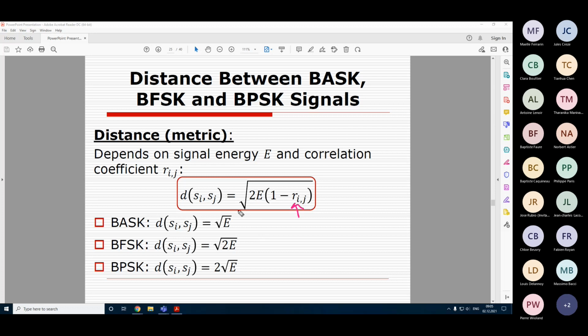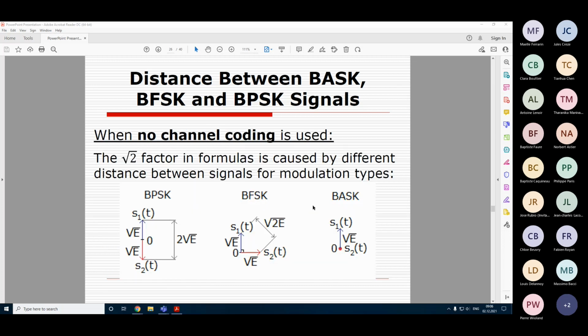And this way we get this distance for different modulation types, if we put corresponding values in these formulas for binary amplitude shift keying, binary frequency shift keying, and binary phase shift keying. So that's the distance, and here is again the geometrical representation of this distance for different modulation types.